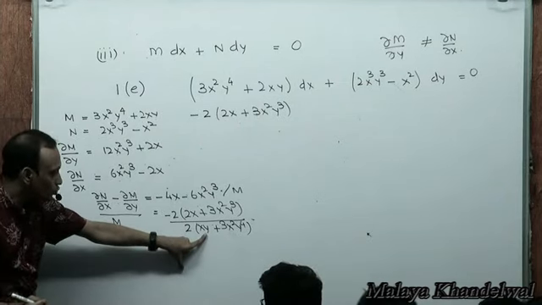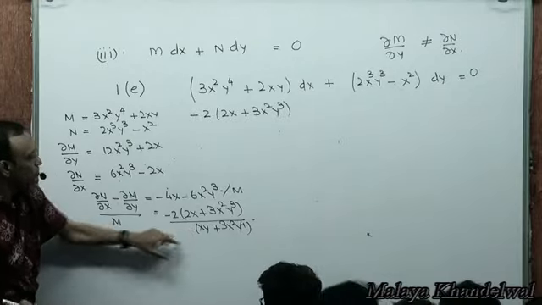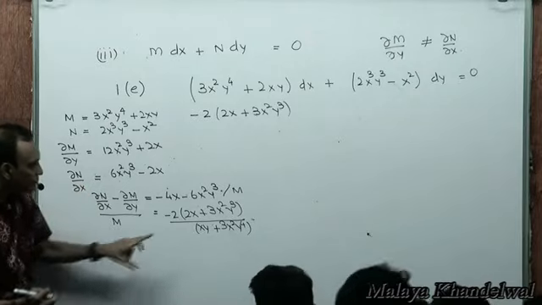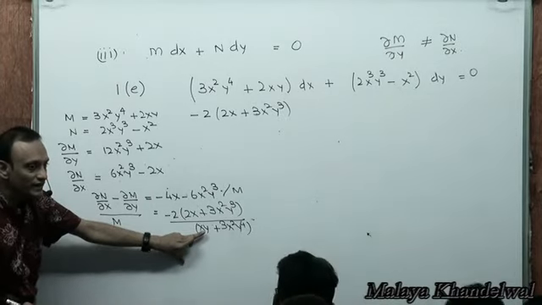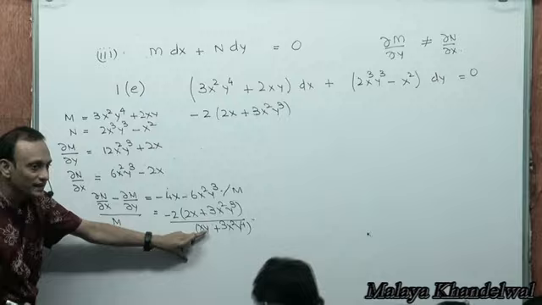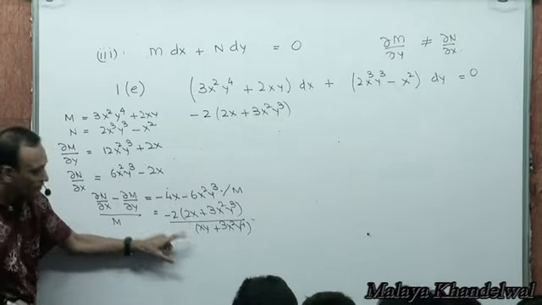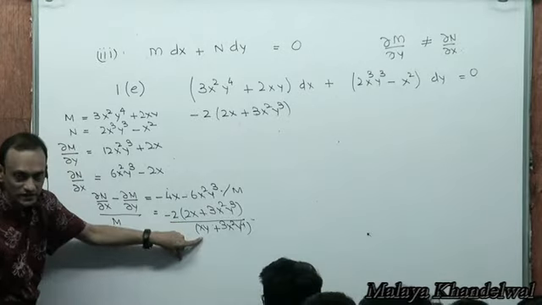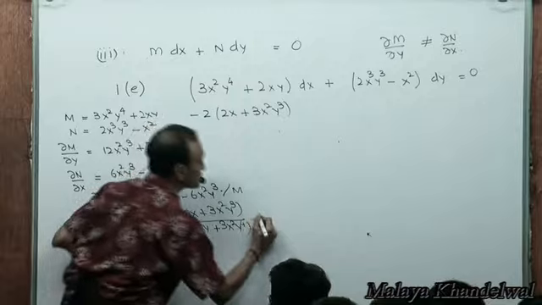If I took y common from this, oh, there isn't a 2 here, this 2 is not there, sorry. So if I carry out this division, this will be 1 by y. Minus 2 by y, therefore. Multiply this by y, you get this. So this is minus 2 by y, which is independent of x.